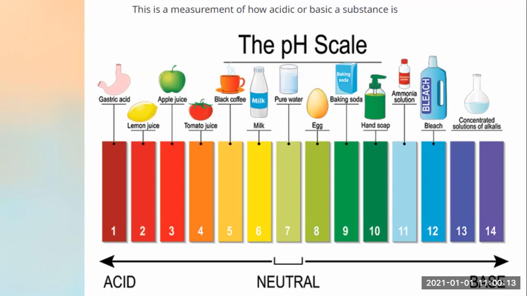Universal indicators are used to measure what? To measure the strength of acids and bases in a substance rather than just determining whether it is acid or base. It determines the exact strength of acids and bases. So I hope you all have understood the pH scale, the pH value, and the universal indicator, right?